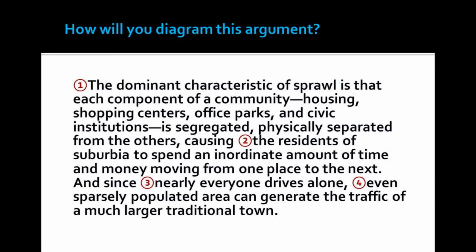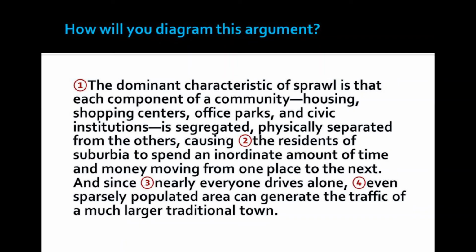What about this argument? The dominant characteristic of sprawl is that each component of a community, housing, shopping centers, office parks, and civic institutions, is segregated, physically separated from the others, causing the residents of suburbia to spend an inordinate amount of time and money moving from one place to the next.